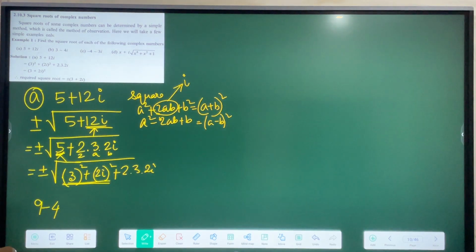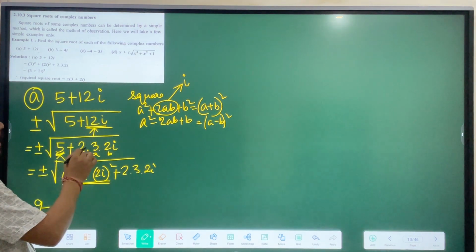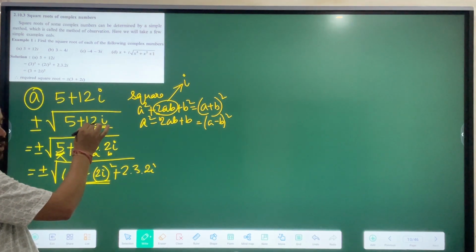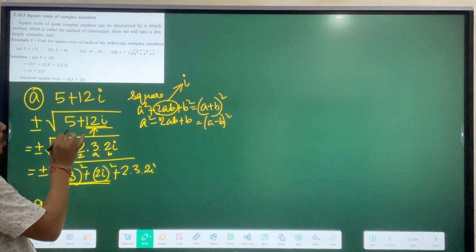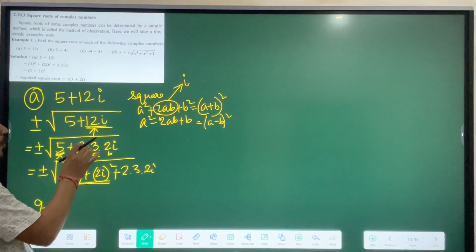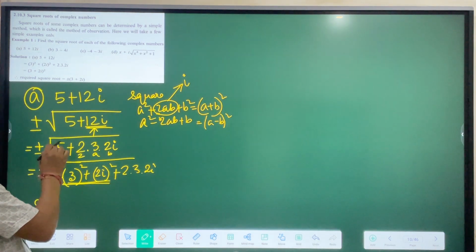So let me repeat what I have told. We have to find out twice ab at any cost from the imaginary term. So while writing twice ab, you have to be careful. You have to observe whether there is a negative minus sign or plus sign in this number.